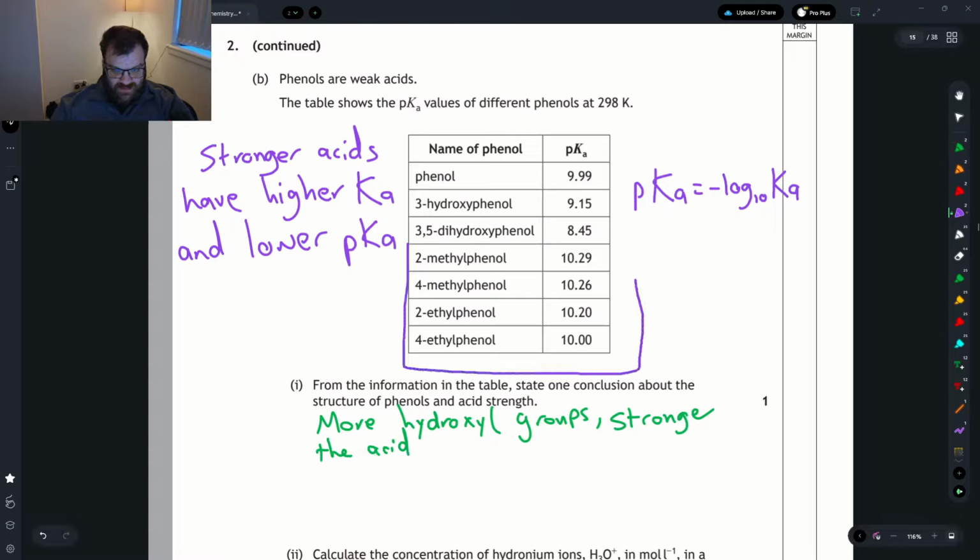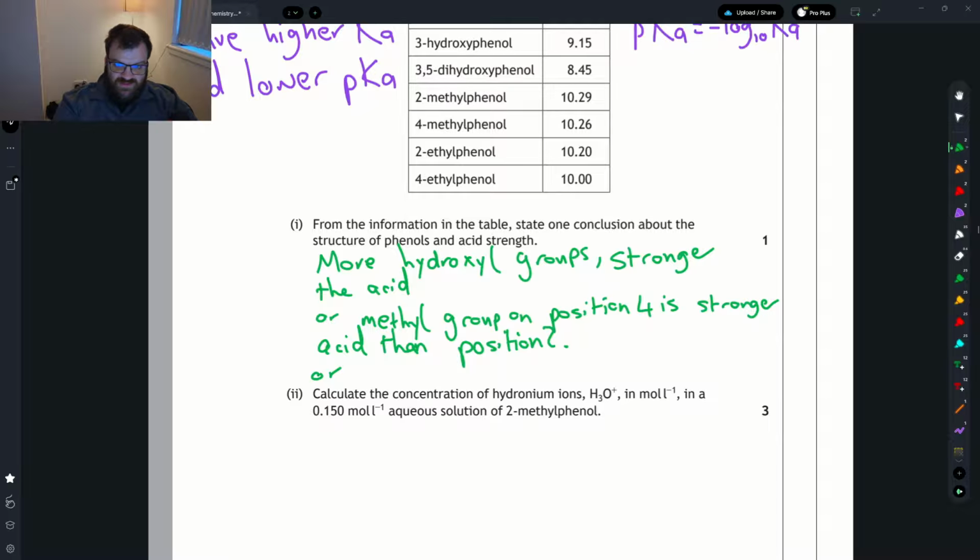If the methyl group's on position 4, it has a lower pKa, so it's going to be a stronger acid. Or if we're just comparing the length of the branch, the longer branch is the stronger acid.